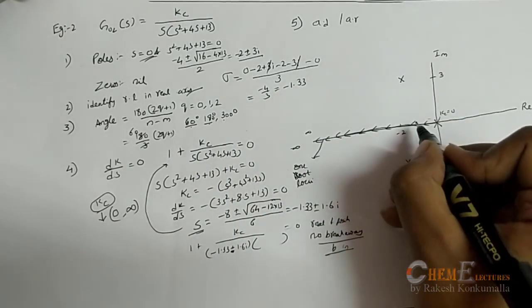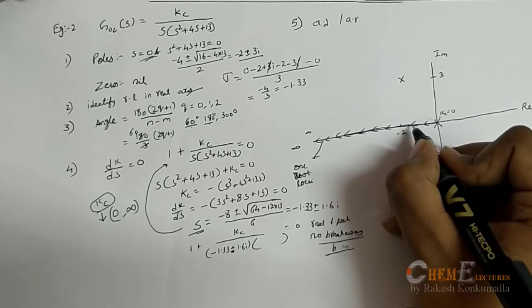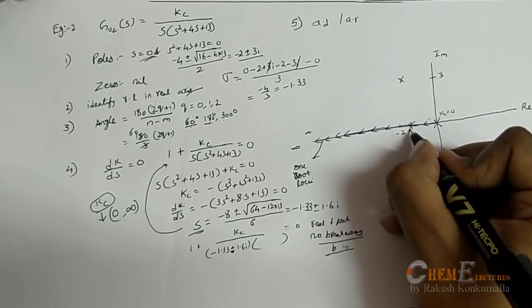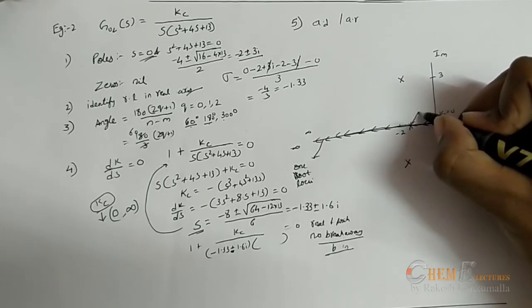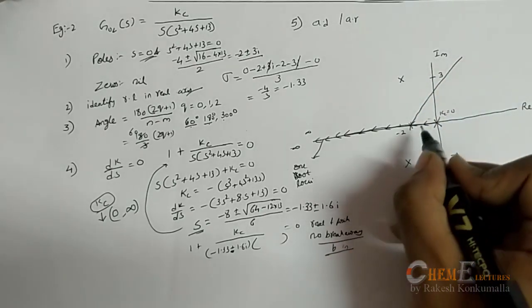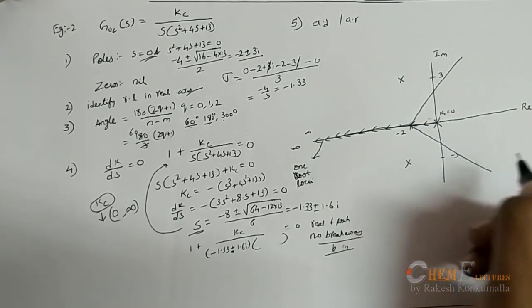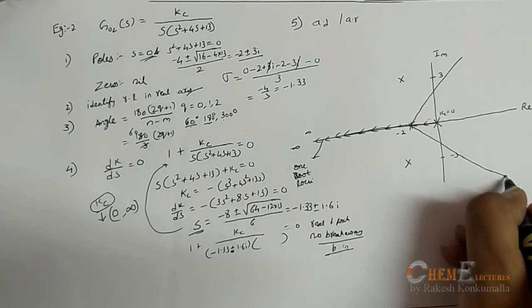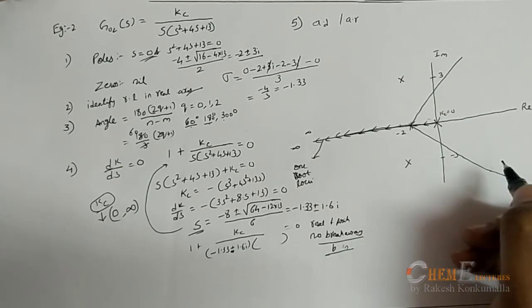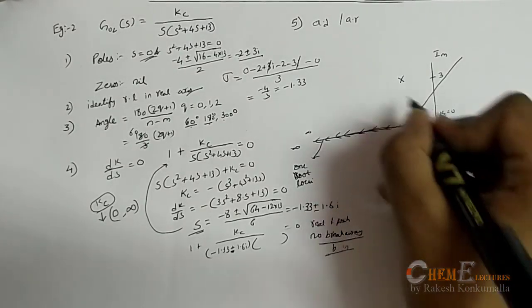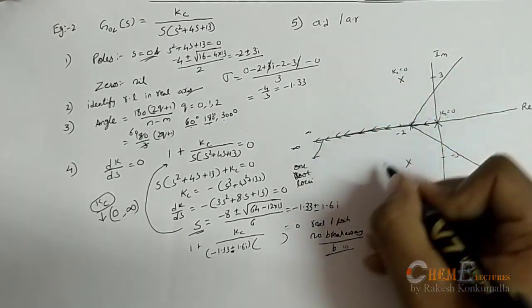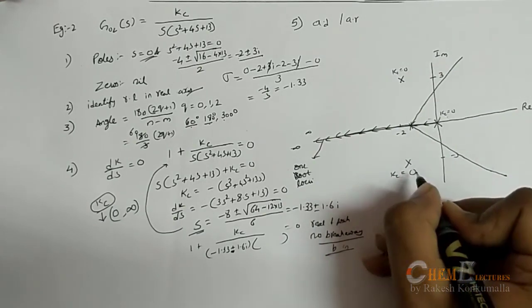My centroid will lie somewhere here, minus 1.33. From here I will draw my asymptote angles 60 degrees, and this is my minus 60 degrees. kc here is 0, kc here is 0 and kc here is 0.